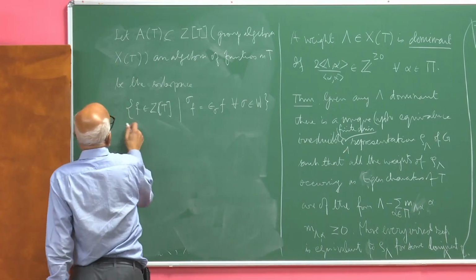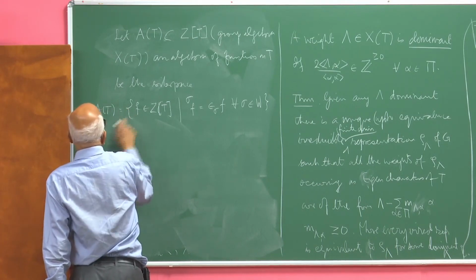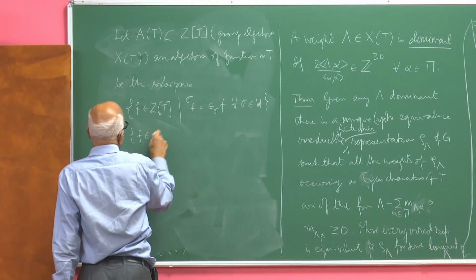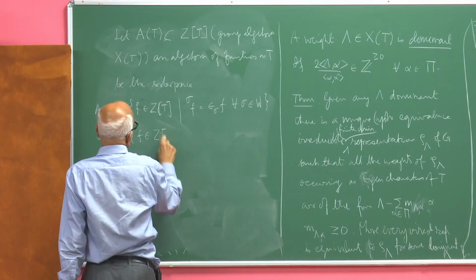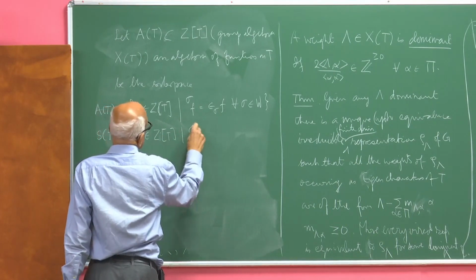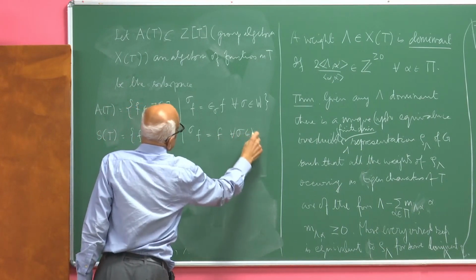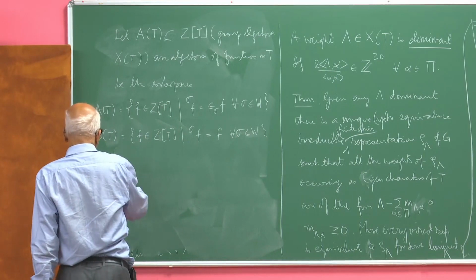This is AT, and we also have ST, the set of F in ZT such that sigma F equals F for sigma in W. Then I stated this theorem. I do not know if I proved it.